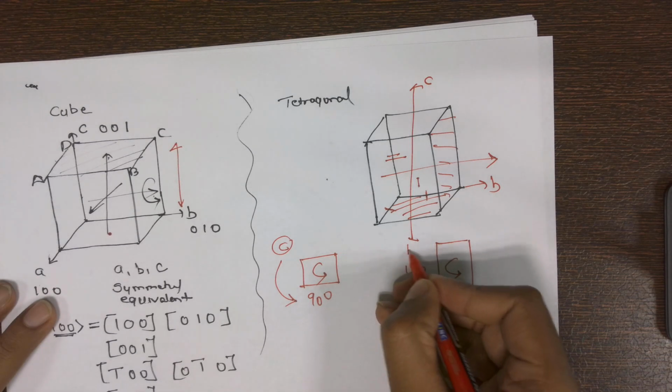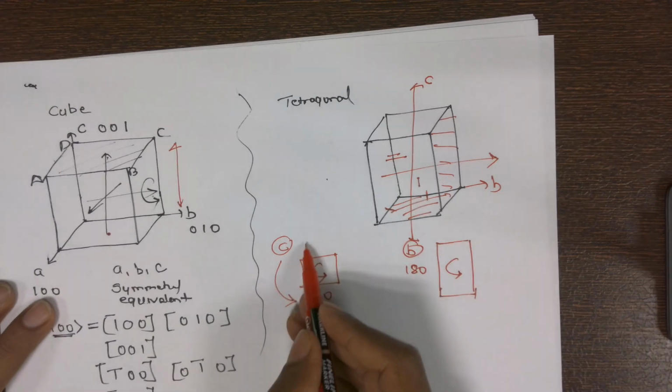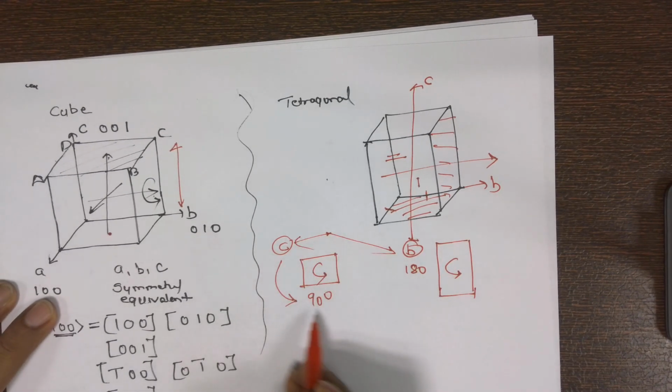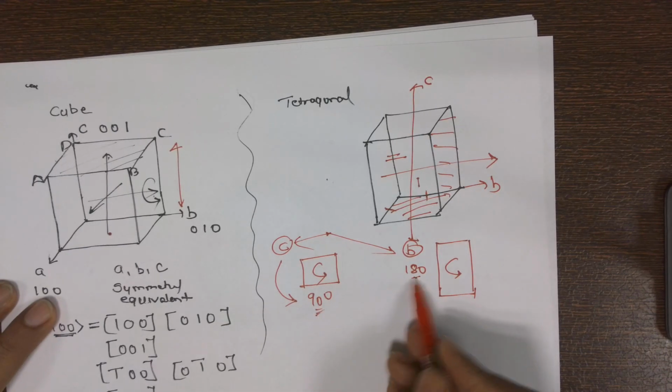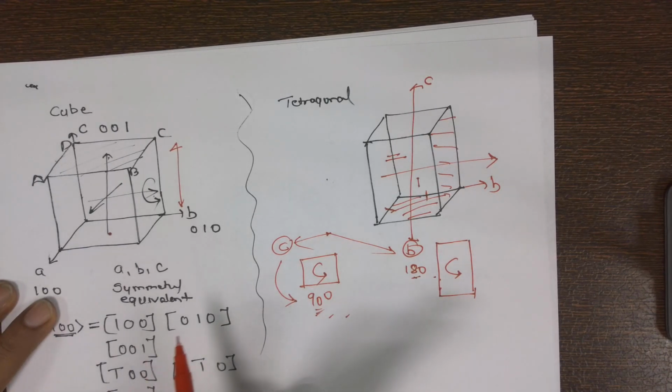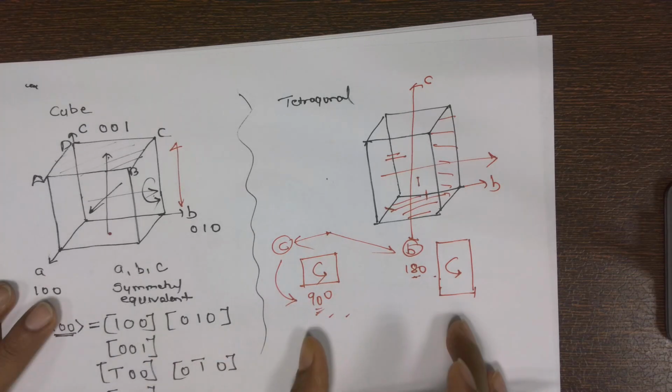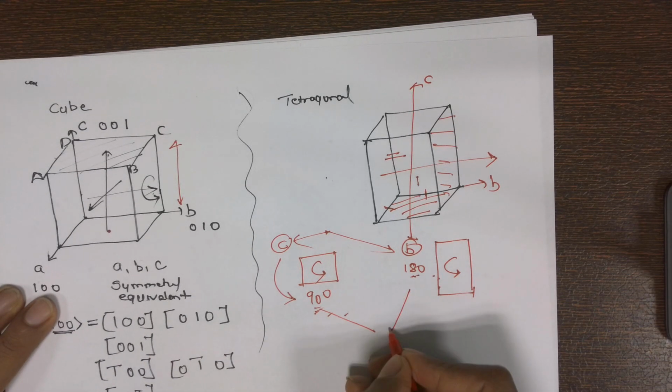So this was along the B direction. So the C direction and B direction are not symmetrically equivalent. They are following two different symmetries, so they will not correspond to one family.